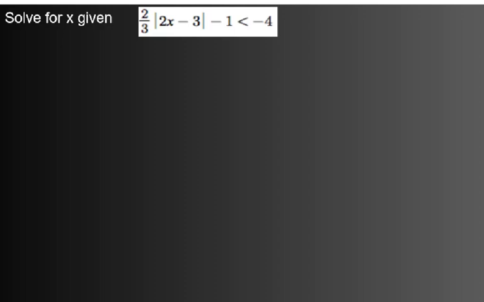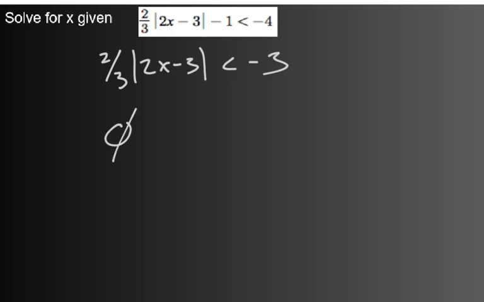So the problem here, you could simplify it a little bit right off the bat. You could add that 1 or negative 1 over, right? We get negative 3. And hopefully you see right away that this thing is going to have no solution.